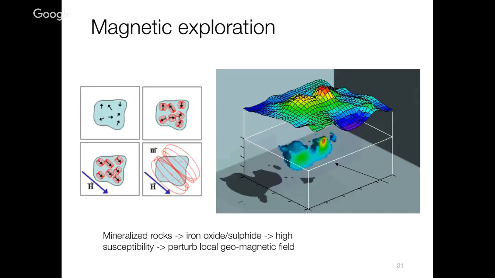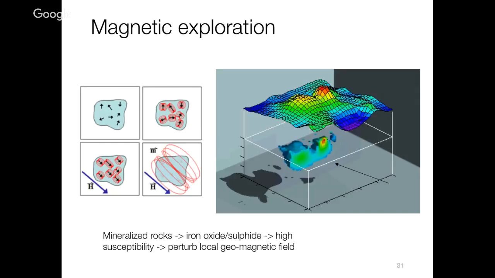It's also very useful for just general structure. So here's an example of rocks that have been magnetized. Here's geophysical data that's obtained, and those data are inverted to give a three-dimensional distribution of susceptibility. What you're looking at here is a result of inversion, which is taking the Earth and dividing it up into a whole bunch of little prisms. And then you find out what the magnetic susceptibility is for each of those that reproduces these data.